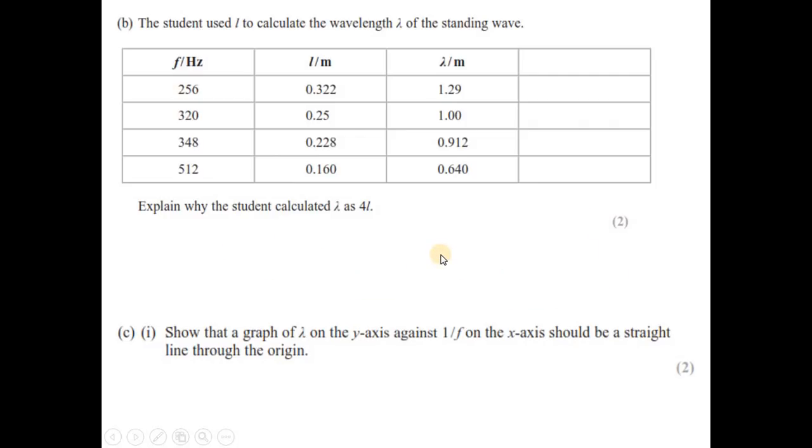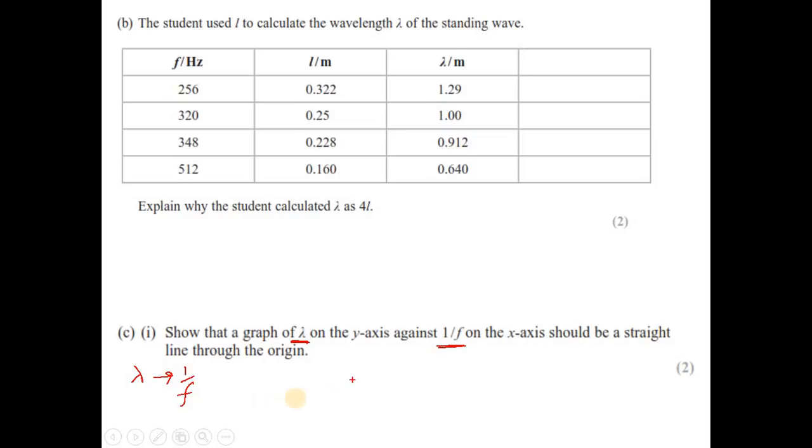C. Part 1. Show that the graph of lambda on the y-axis against 1 upon f on the x-axis should be a straight line through origin. So you need to find a relation or equation between lambda and 1 upon f.